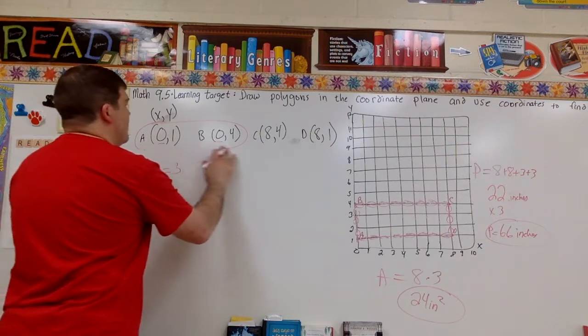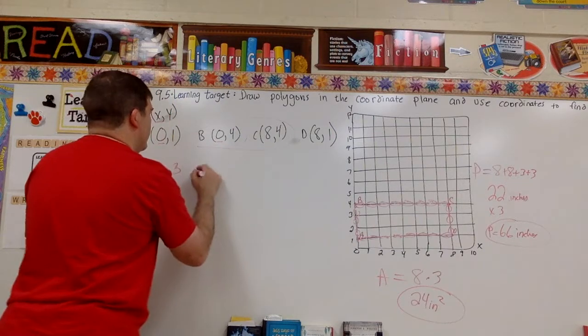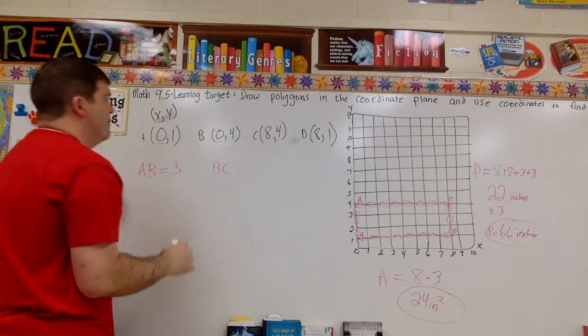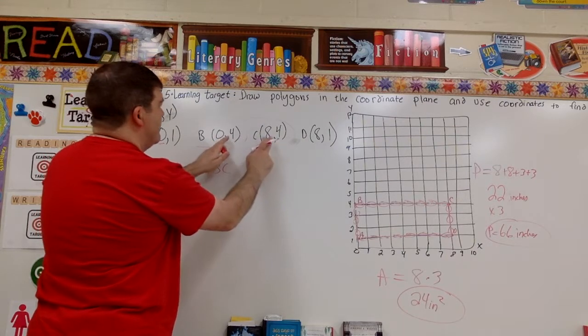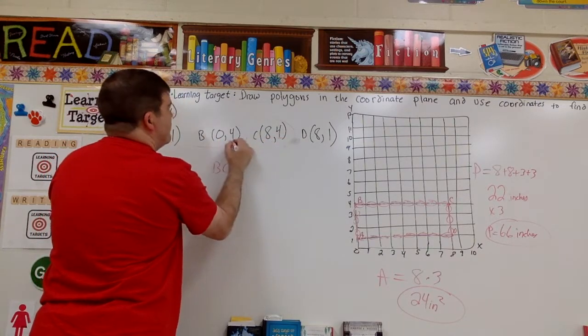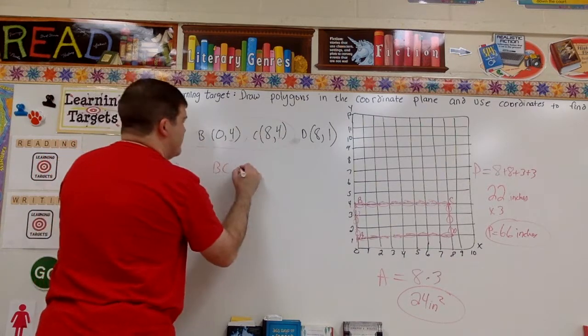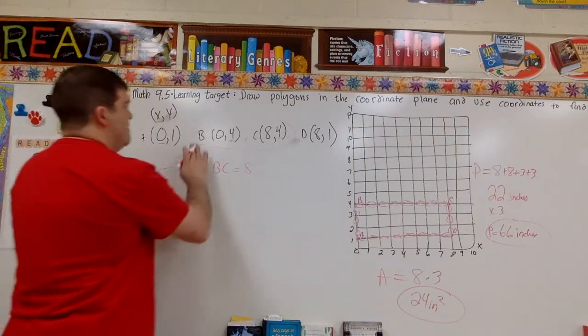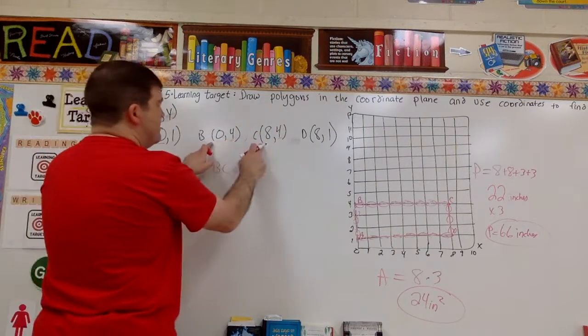Now, so I've done A, B. Now I want to do B and C. So B and C, I have the Y's are the same, so I need to find the difference between the X's. 8 and 0, the difference is 8. Okay? So I've done AB, I've done BC.